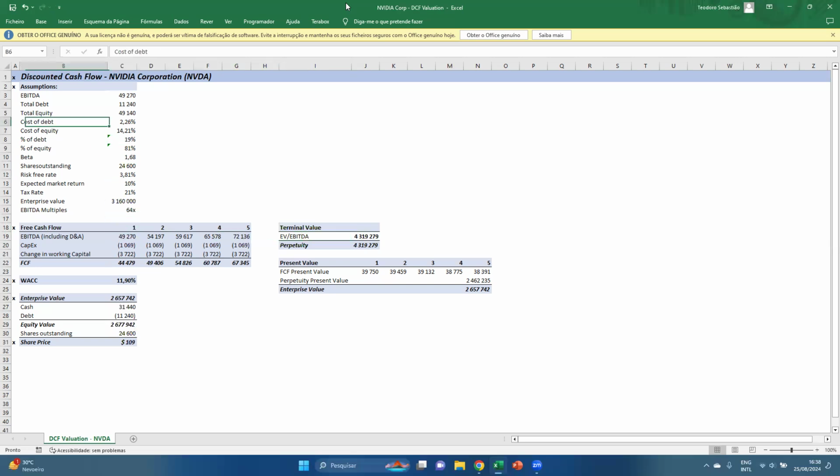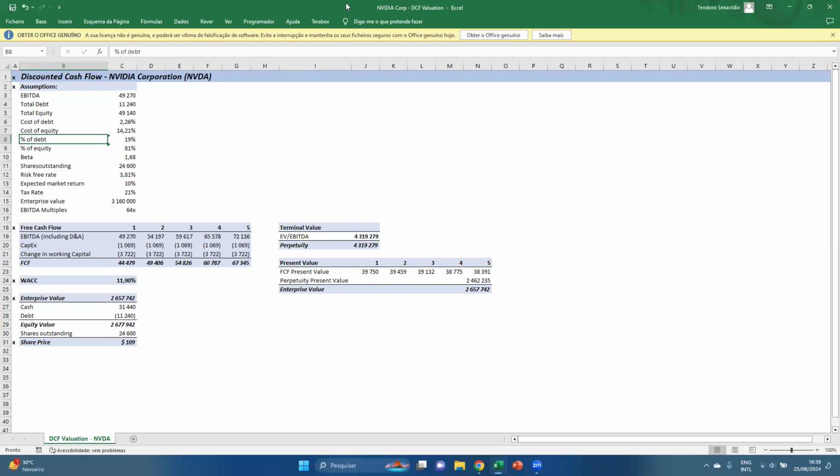We are going to search for total debt, the debt that the company has, the total equity, and the cost of debt, that normally is the interest rate, the interest that a company pays to its debt holders, basically like banks or others. Cost of equity, that you are going to learn how to calculate.